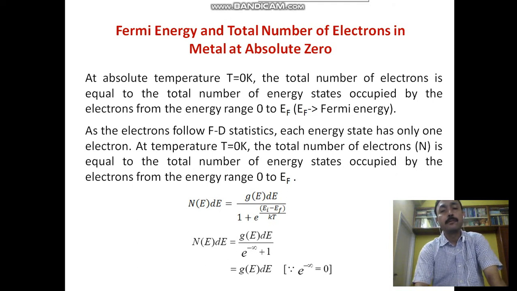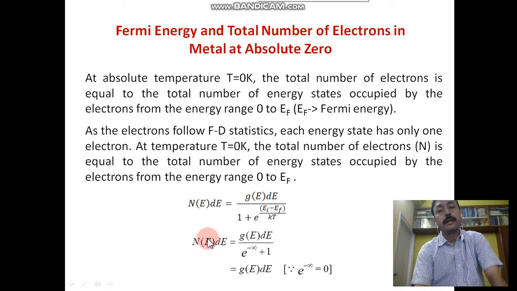So N(E)dE is equal to g(E)dE by 1 plus e to the power (Ei minus Ef) by kT. Now at T equal to 0, the denominator exponent part becomes 0 in the denominator. As Ei is less than Ef, this exponent will be minus infinity, and e to the power minus infinity means 0.